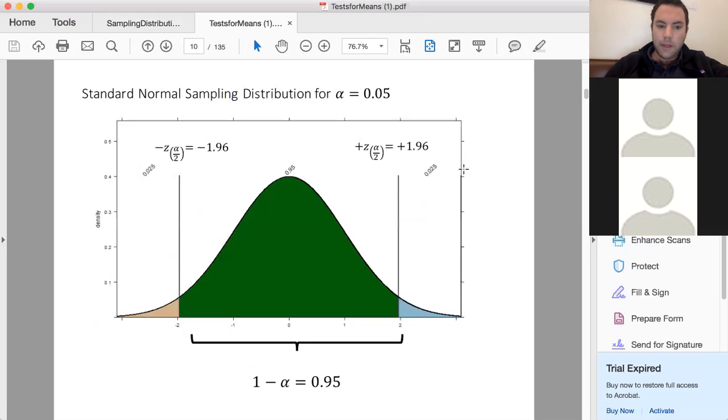So the way that the hypothesis test will work is this is a 95% two-tailed representation of the normal distribution.